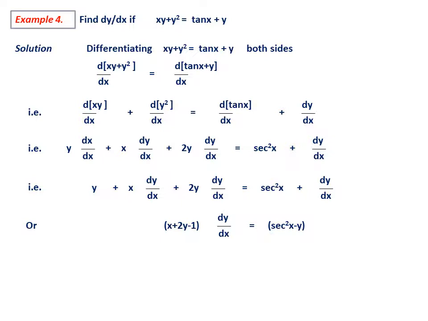What I have done is taken the dy by dx terms together. One is x, another one is 2y on the left side. On the right side, dy by dx is there, which you have to take to the left side, so it becomes minus 1. And y I have shifted to the right side. Therefore, the last simplification is dy by dx equal to (secant square x minus y) divided by (x plus 2y minus 1). So, this is the answer.